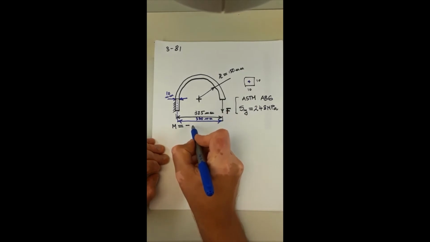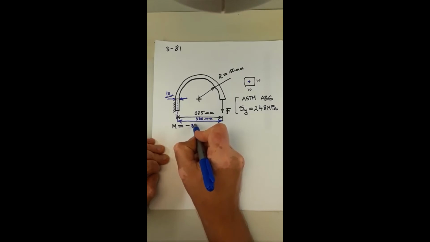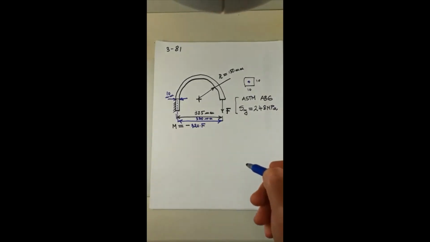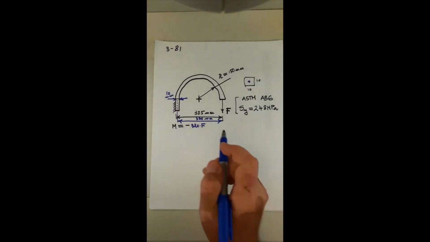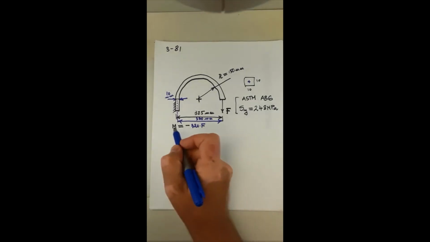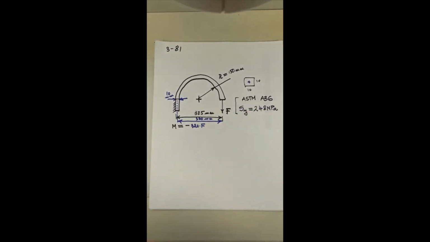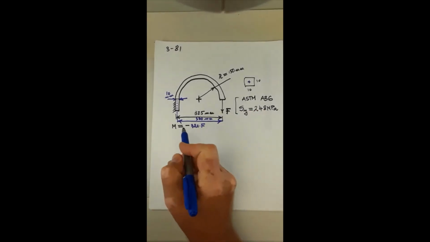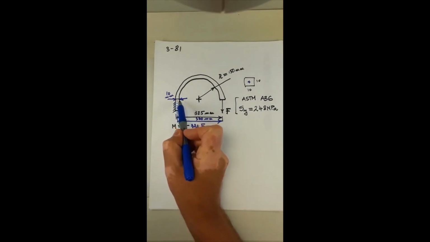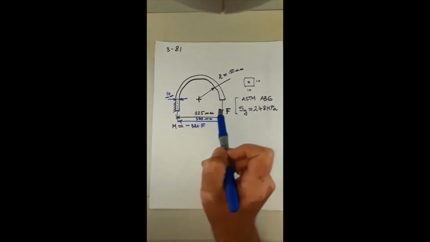So the moment is going to be 320 times F. Again, F is not known at this stage, and there is nothing to calculate. So we have figured out what the moment is as a function of F. We're going to experience two effects and want to consider both of them.